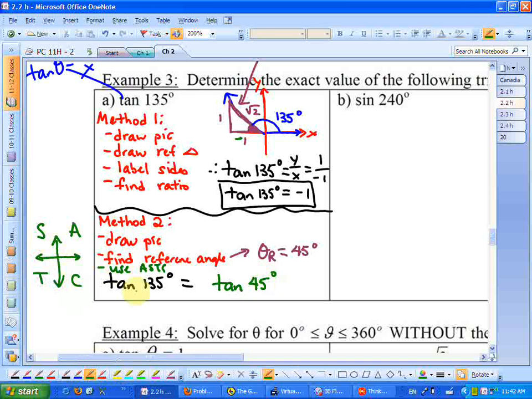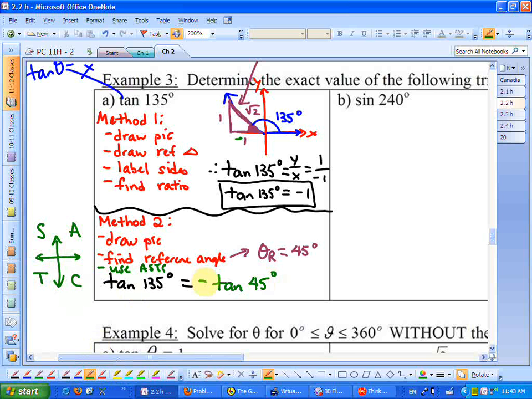Why do I need this? Tell me, in the second quadrant, is tangent a positive ratio or a negative ratio? Right? Sine is positive, everything else is negative. So therefore, I want you to make this equal to negative. So what I'm saying to you is tangent of 135 is the same thing as negative tangent of 45 degrees.